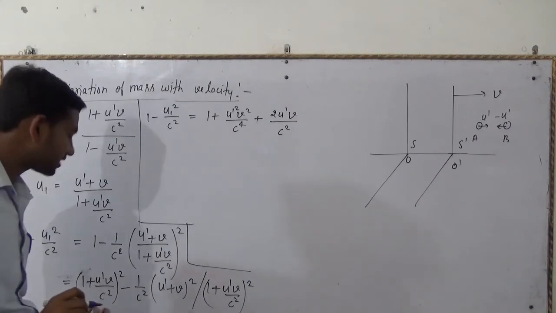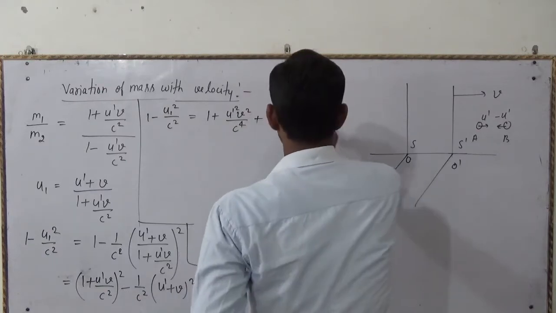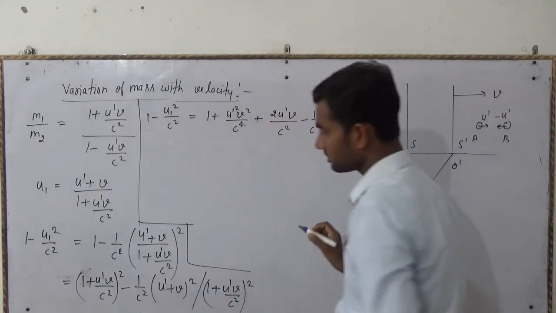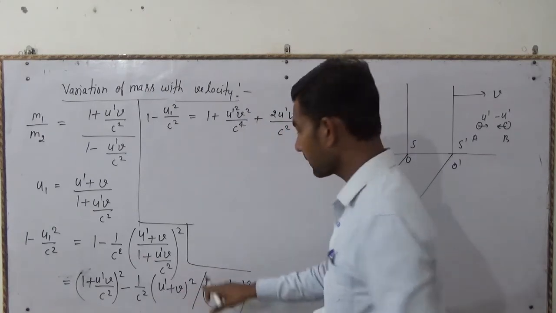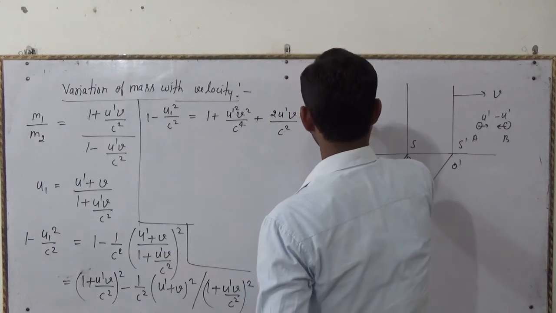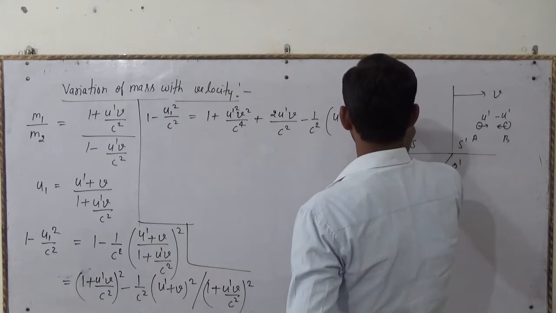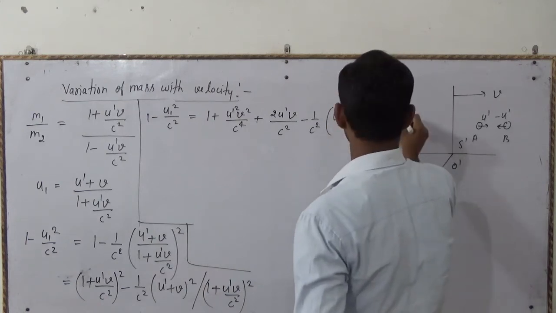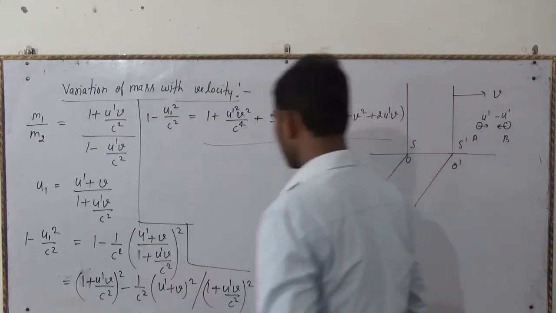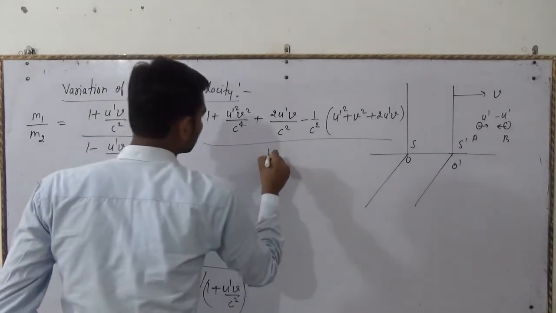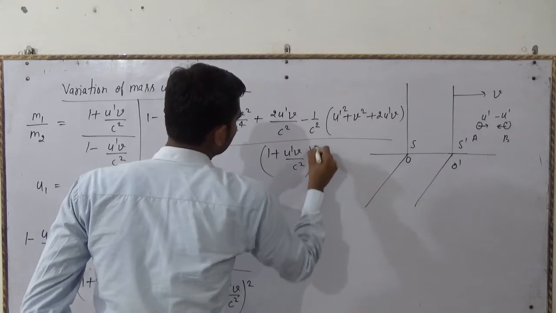After expansion of this term we find this result. Now here it will be minus 1 by c square times the expansion of u dash plus v, which gives u dash square plus v square plus 2 u dash v, upon, in the denominator, 1 plus u dash v by c square to the whole square.